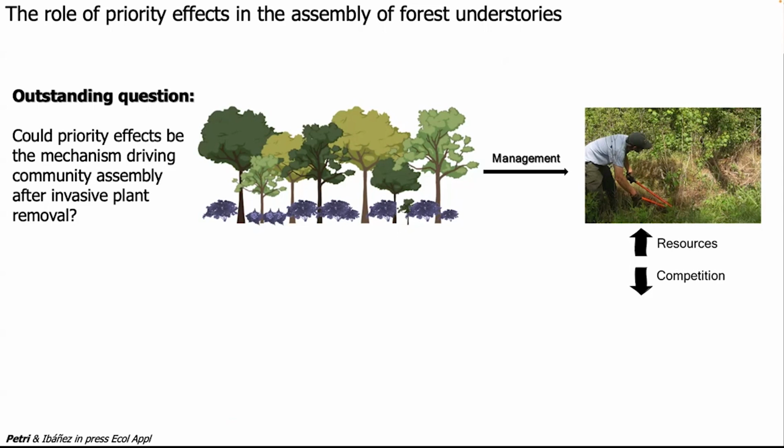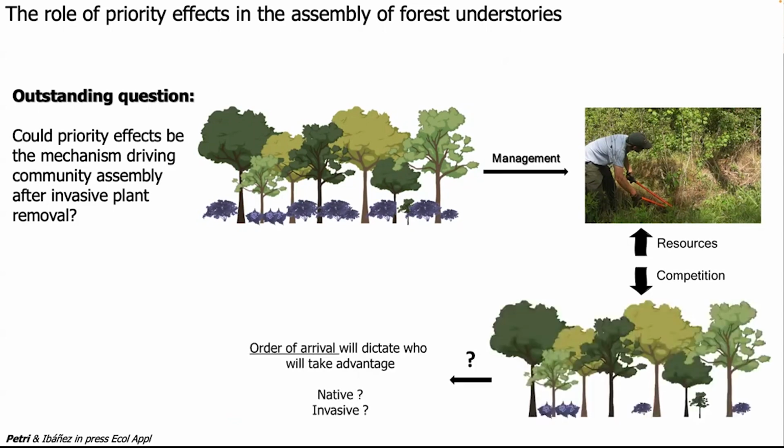And then it's a decrease in competition, because we have land that doesn't have a lot of other plants competing for resources, for light, for nutrients. And so interspecific competition is really low in that scenario.